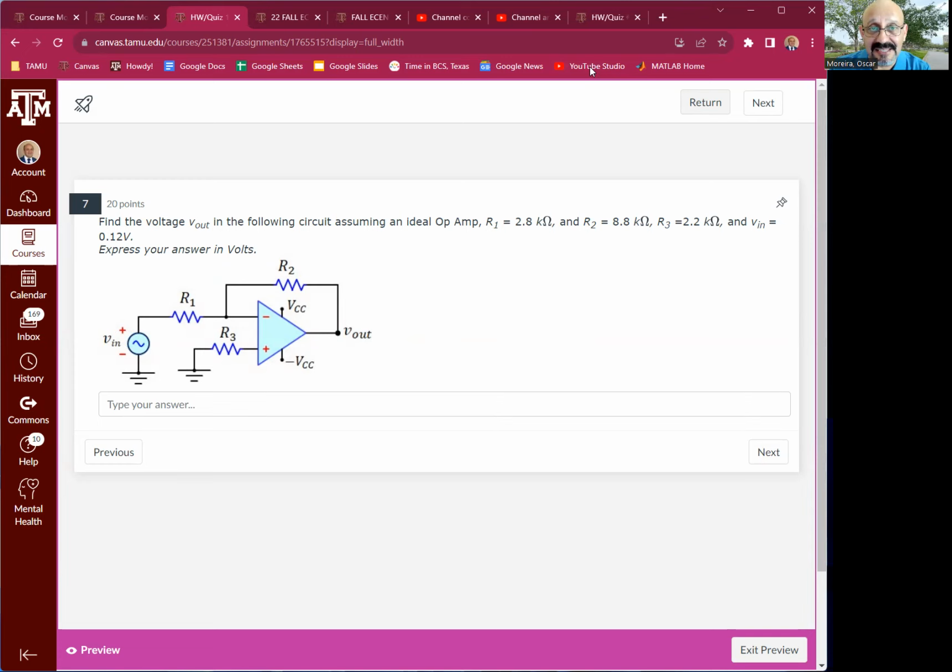In this case, the most simple one, right, is that in an ideal amplifier, the difference between the positive and the negative terminal is fairly close to zero, right? Because the gain is supposed to be infinity, and the current entering the amplifier is zero, right? So there is no current coming in. That's the two conditions for ideal operational amplifiers.